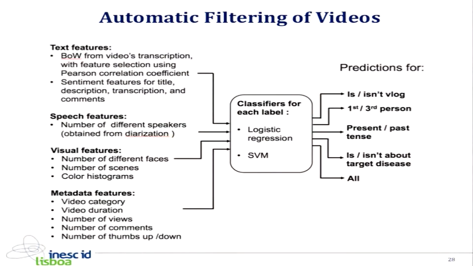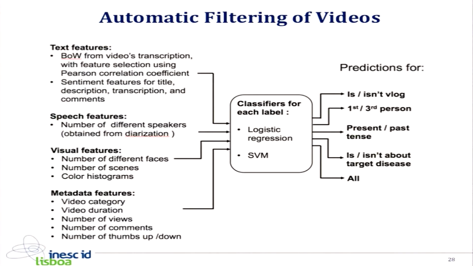For the text-derived features, we computed bag of words from the video transcription. Sentiment features for the title, the description, the transcription, and the comments using a tool, I think it was from Stanford.